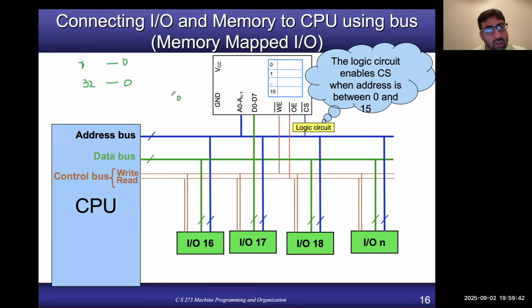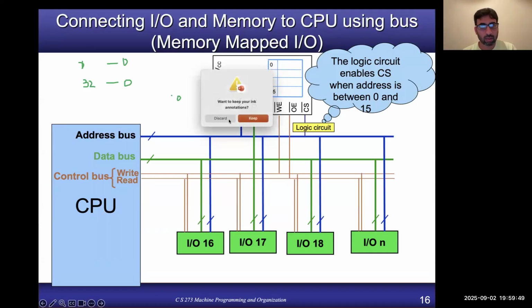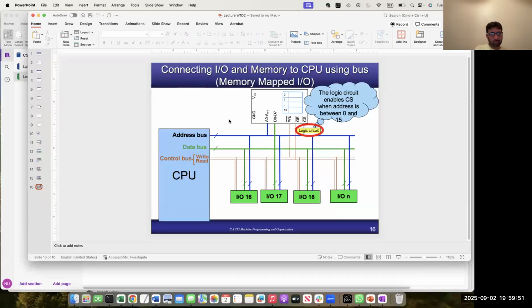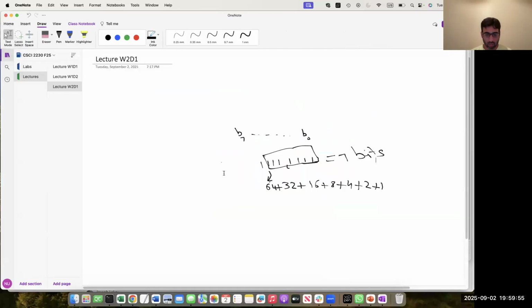Let me go back to the notepad because it's difficult to write here. So let's say you have this memory, and this memory has only 16 locations. I'm numbering them from 0 to 15, right?